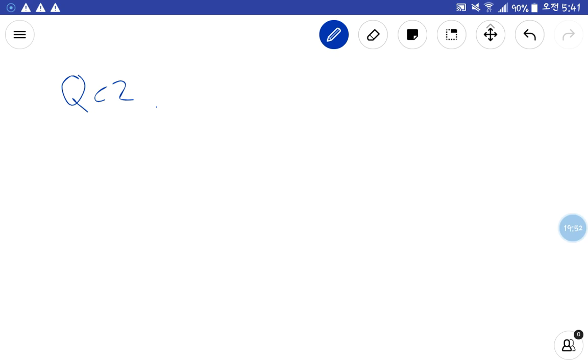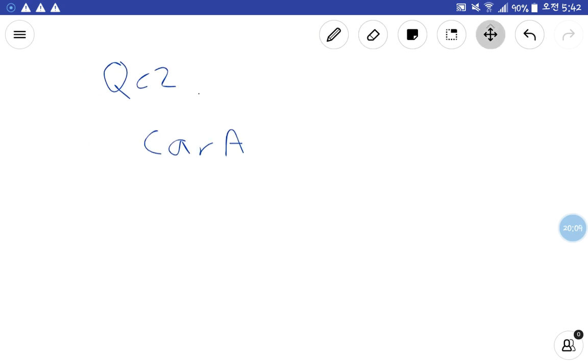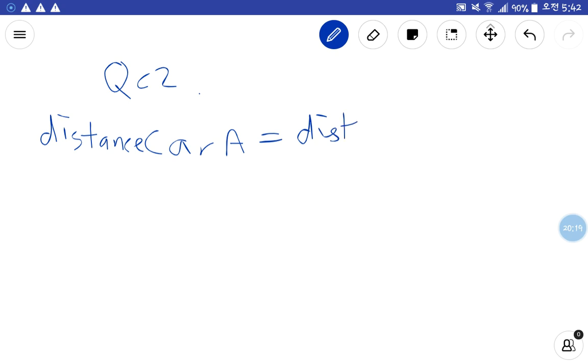So now we approach with the same distance again. The distance car A travels is exactly the same as the distance car B travels.